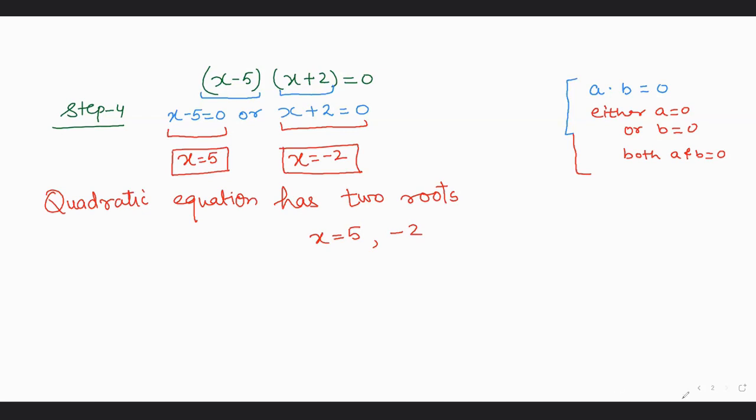So now let us discuss question 1 part 2. We have 2x square plus x minus 6 equal to 0. So dear students, now you see we have to do factorization again, but now we have to split the middle term.